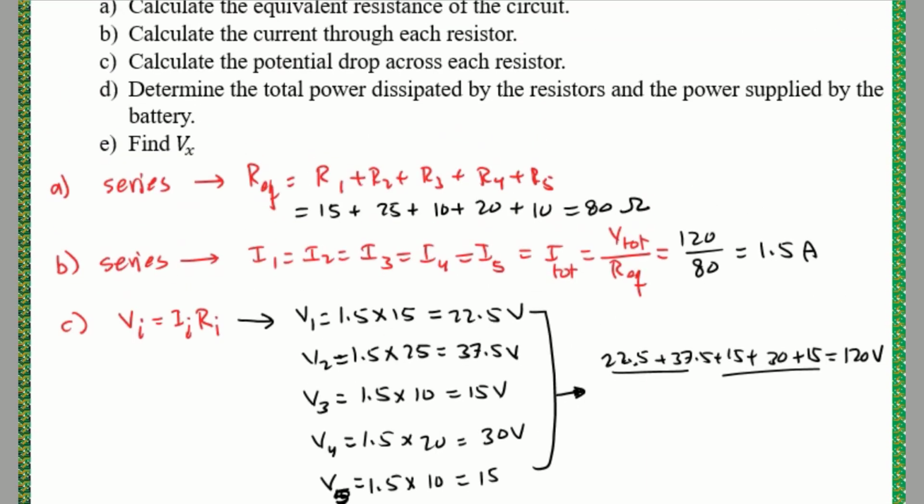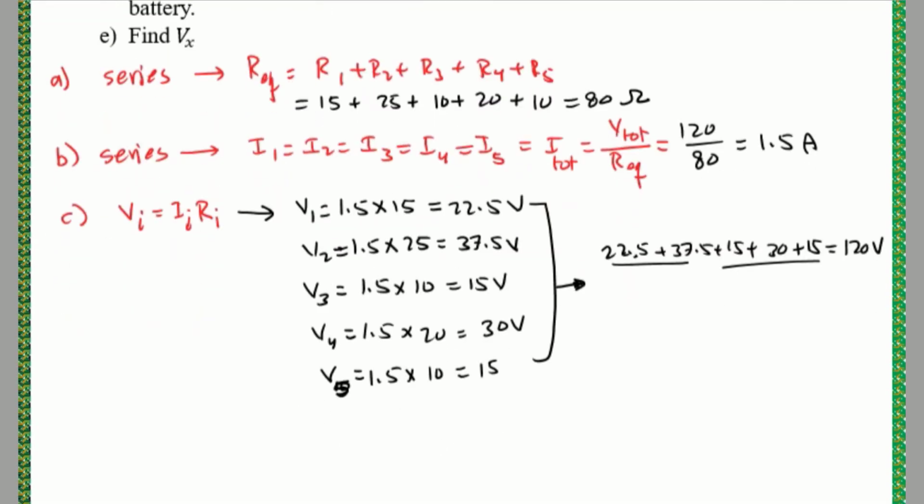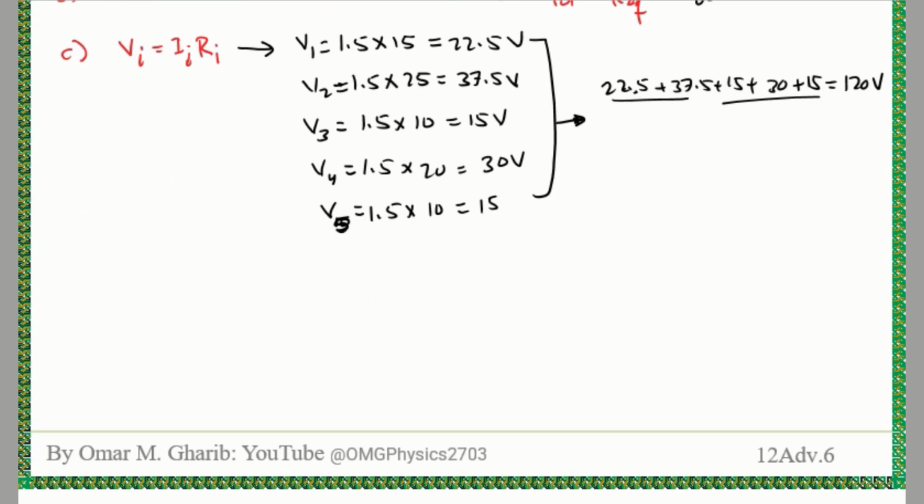Now, determine the total power dissipated by the resistors and the power supplied by the battery. The power by resistors, we take the R equivalent, should be I squared times R equivalent. I is 1.5 squared multiplied by R equivalent, which is 80.